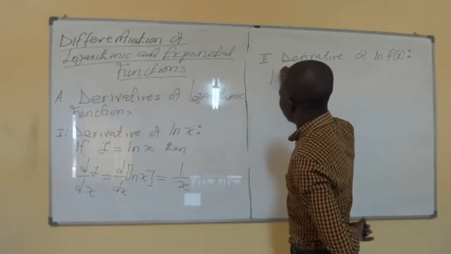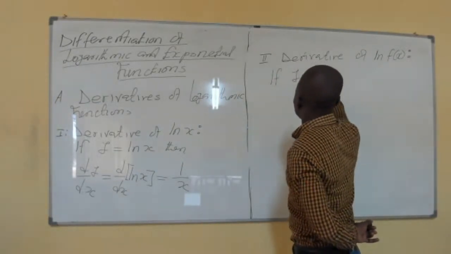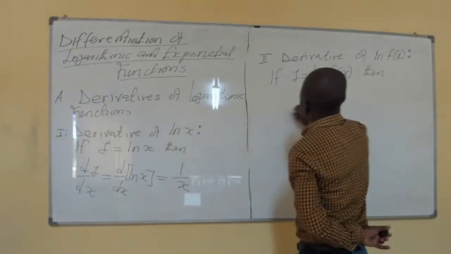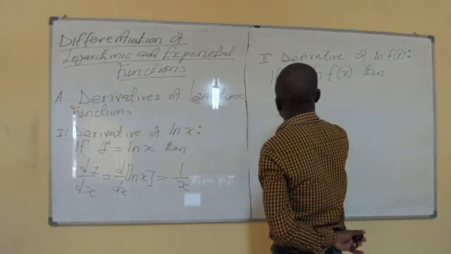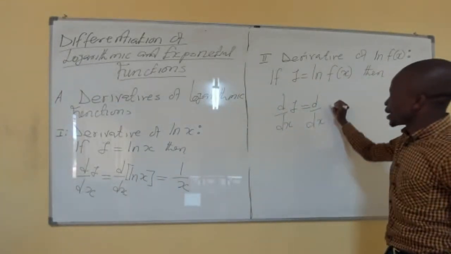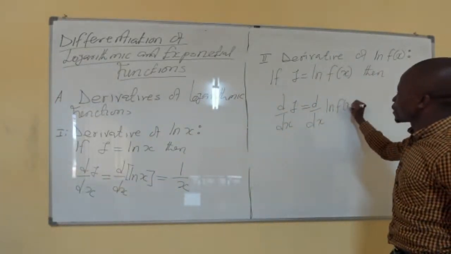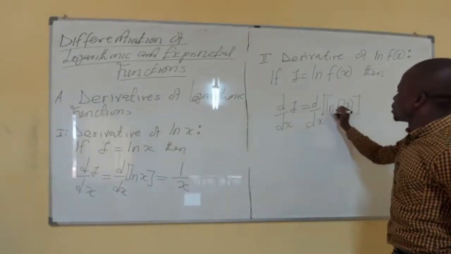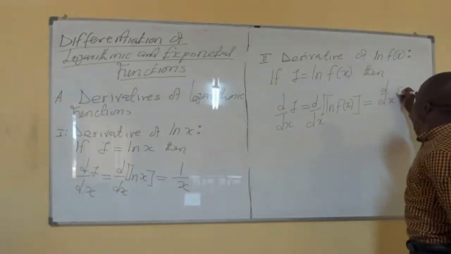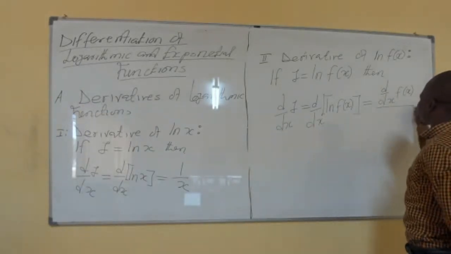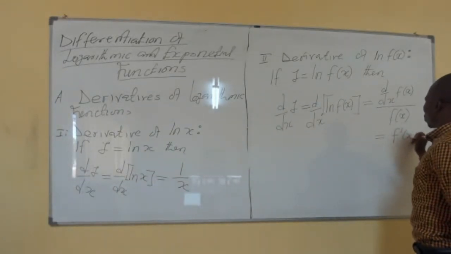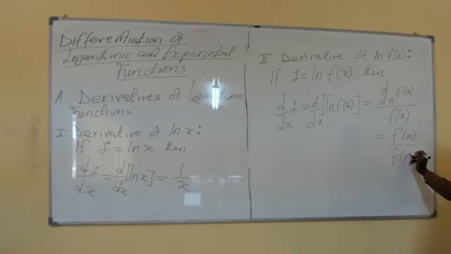This means if y is equal to ln of f of x, then the derivative with respect to x of y, which is equal to the derivative with respect to x of ln of f of x, is equal to the derivative with respect to x of the function inside the ln divided by the function itself, which is just f prime of x divided by f of x.